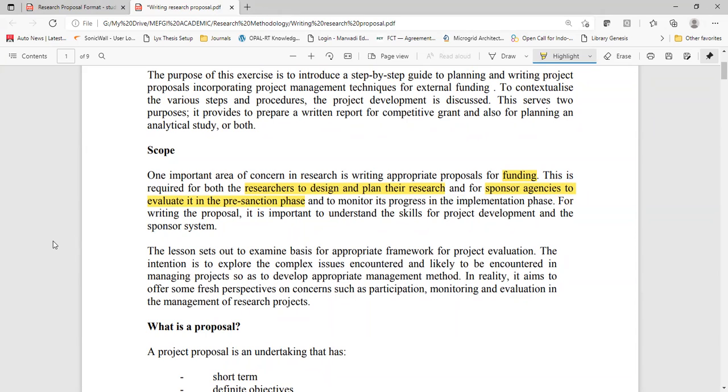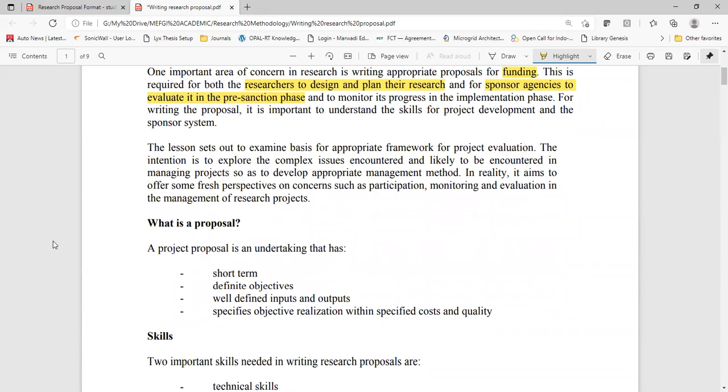But when you write a proposal, you must be aware of how it is written. Then only will you get some kind of funding out of this proposal. Otherwise, it becomes almost a useless piece of paper.